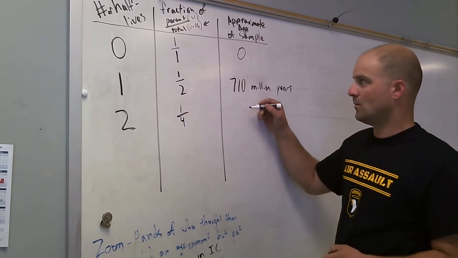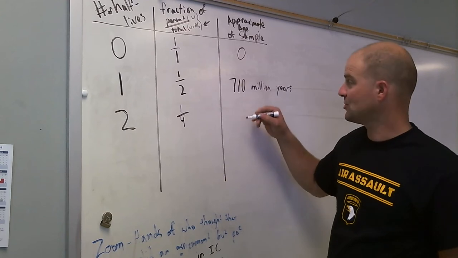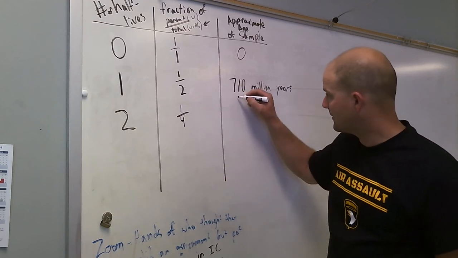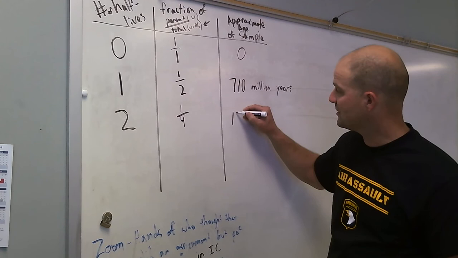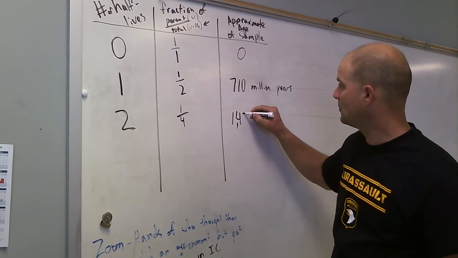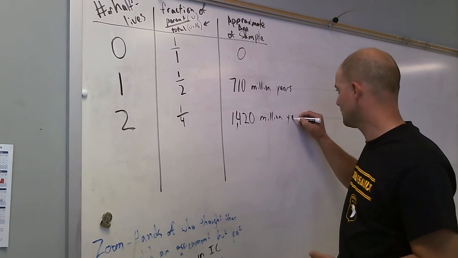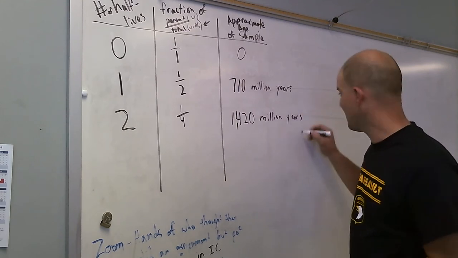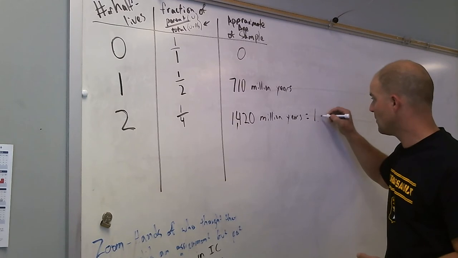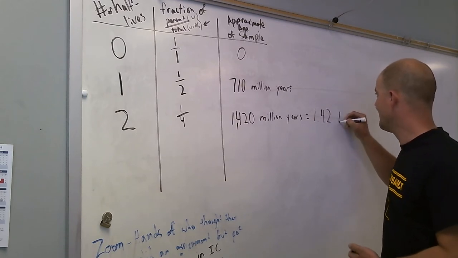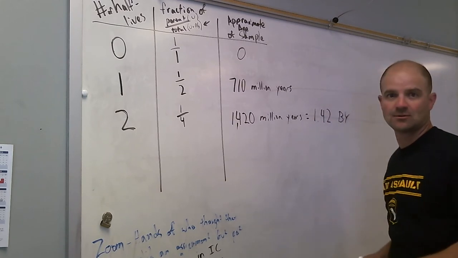So we've just added another half-life, so we're just going to add 710 million, so plus 710. So we'd have 1,420 million years, or you might write that as 1.42 billion years.